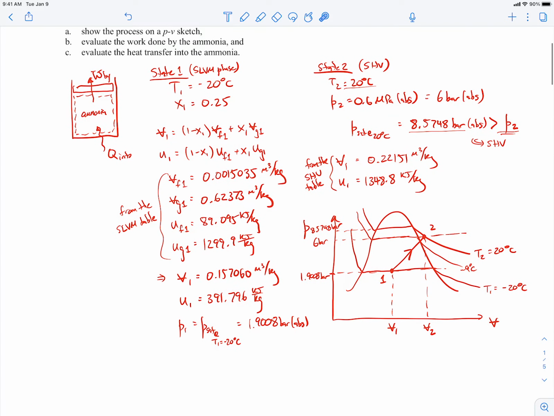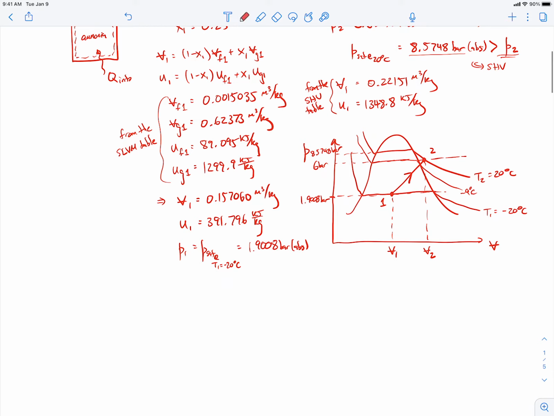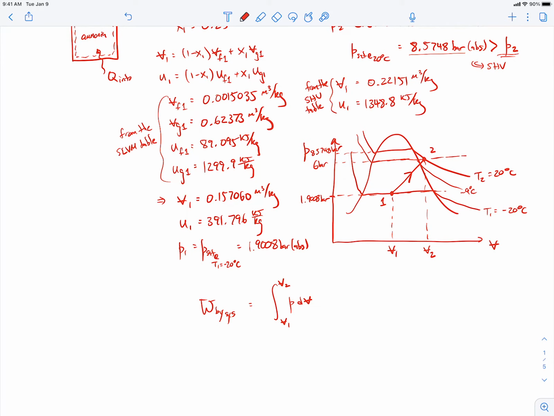Now we're asked to evaluate the work done by the ammonia during this process. So that's going to be our PdV work. So the work done by the system, which is our ammonia, will be the integral of P dV. And I'm going to write it as a specific volume as we go from specific volume 1 to specific volume 2. To get the work, I would just need to multiply this by the mass.